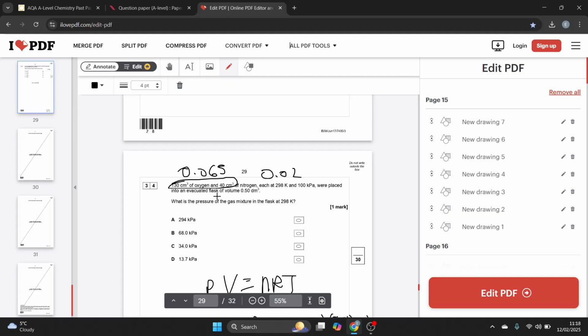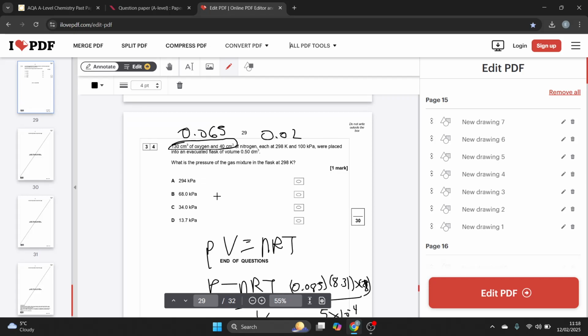Nope. So 0.065 times 8.31 times 298 divided by the volume. Well, the volume's always supposed to be measured in meters cubed in the ideal gas equation. So yeah, 0.50 times 10 to the power minus 3. And then I get the pressure in pascals.